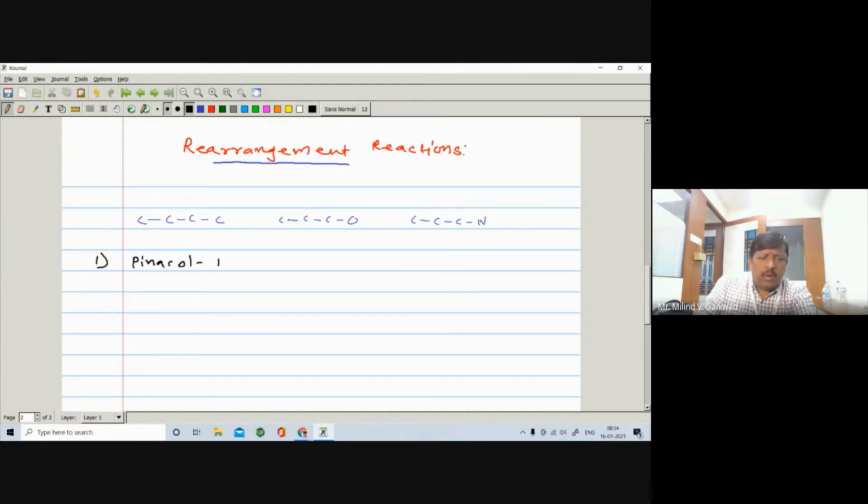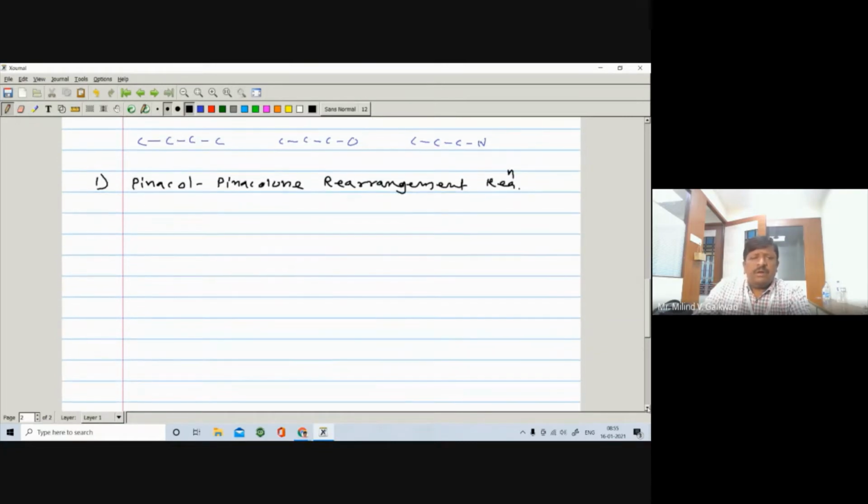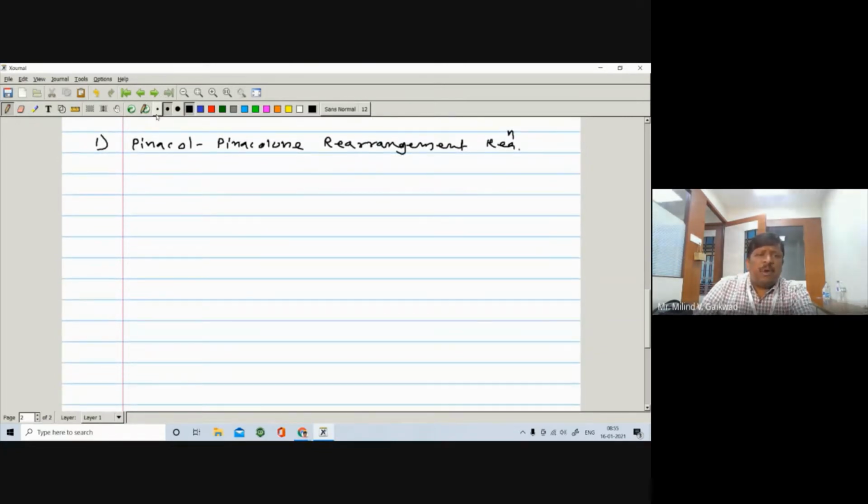In the Pinacol-Pinacolone rearrangement reaction, the starting compound is a pinacol.